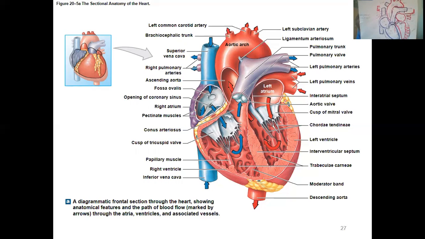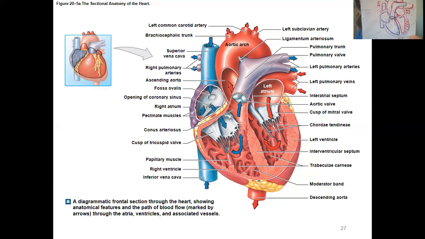What you can see here on my picture is that I've got my aortic semilunar valve, and it's going to come up into the ascending aorta. But I've got this little dot on each side of the ascending aorta with a squiggly line. So you can see the squiggly line here, the squiggly line here.